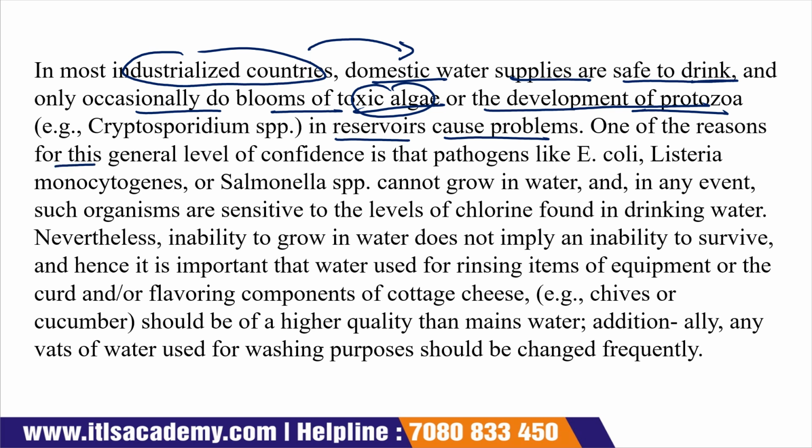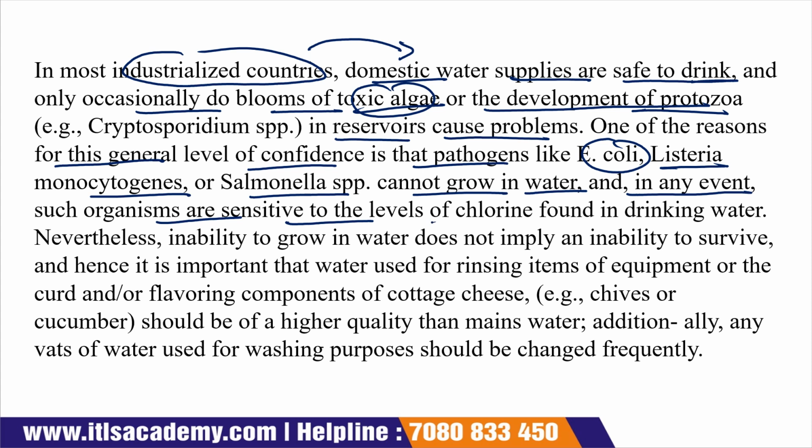One of the reasons for this general level of confidence is that pathogens like E. coli, Listeria monocytogenes, and Salmonella species cannot grow in water, and in any event such organisms are sensitive to the level of chlorine found in drinking water.